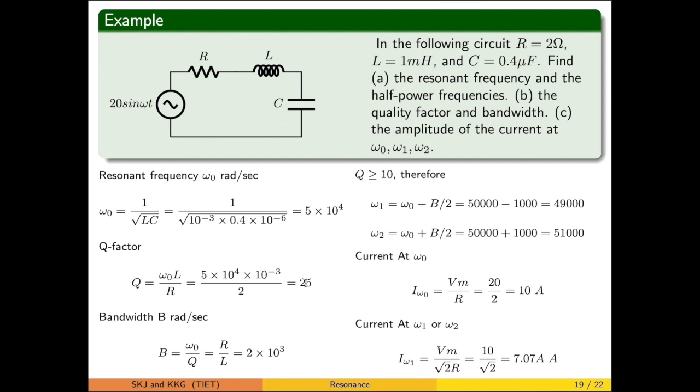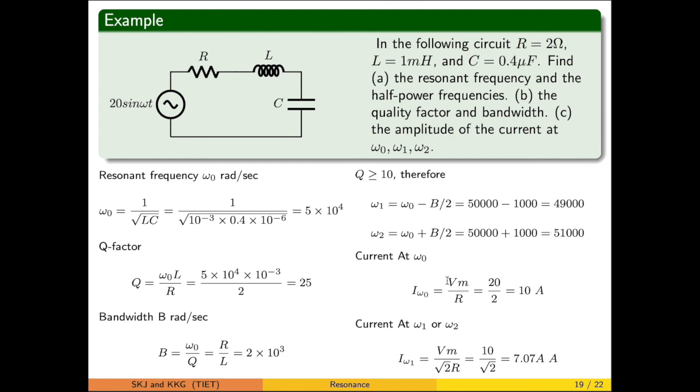Now we see that the quality factor is greater than 10. So we can easily estimate that the half power frequencies will be symmetric about the resonant frequency, dispersed by half of the bandwidth on either side. That is calculated as 49 kiloradian per second and 51 kiloradian per second.